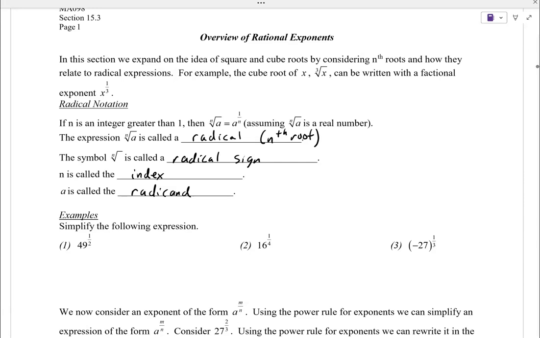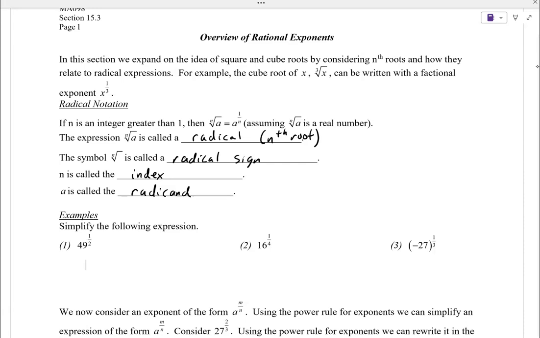So the only real thing that we're doing different today is that we're using a fractional exponent to describe what root we are taking, what the index of the root is. So when we look at this first example, we have 49 to the 1/2 power. This is telling you what root to take.